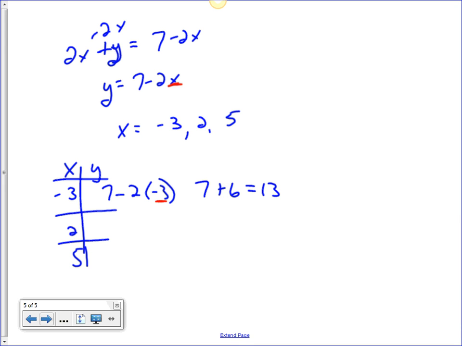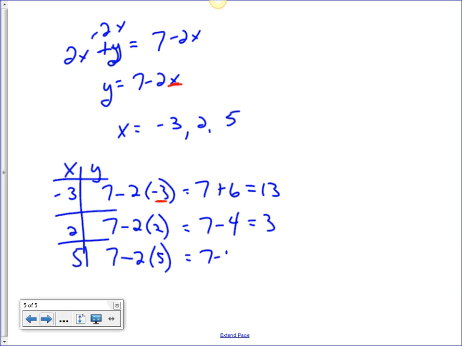If we plug in the 2, I'd have 7 minus 2 times 2. That is 7 minus 4. So our value of the equation would have been 3. If you plug in a 5, you'd have 7 minus 2 times 5, which is 7 minus 10, which gives you negative 3.